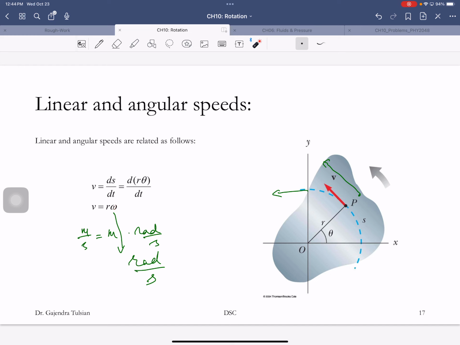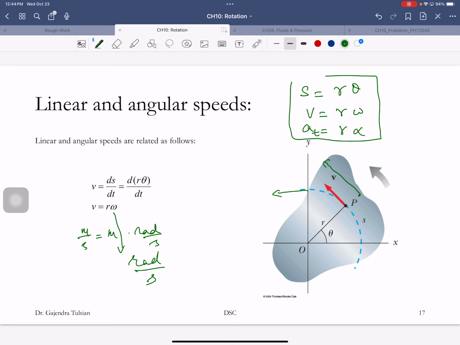So you will see formulas. S, the linear distance that the point has traveled, is R times theta, where theta is in radians. V is R times omega, and tangential acceleration is R times alpha.